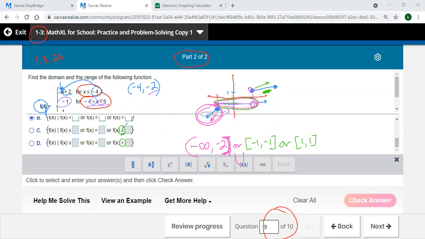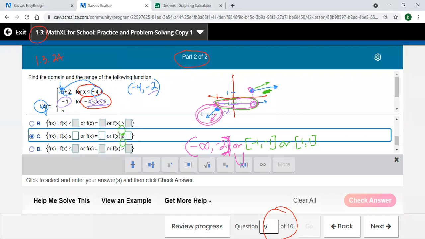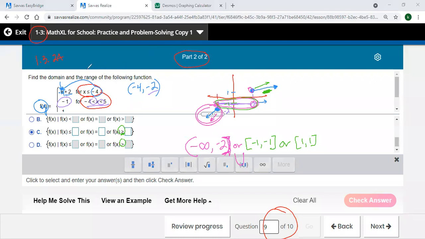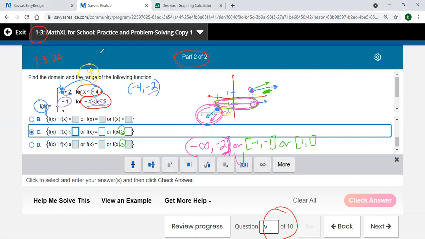So it's going to be this C. And then on the left side, remember, we're talking about the Y values, the range. The range is like the Y. So the Y here, highest it gets is -2, and it's equal to it. So we're equal to the -2.